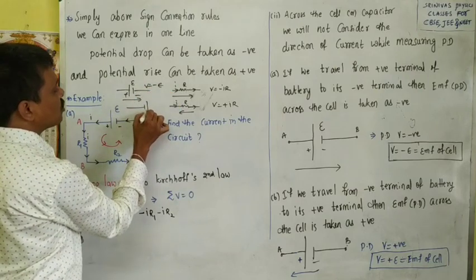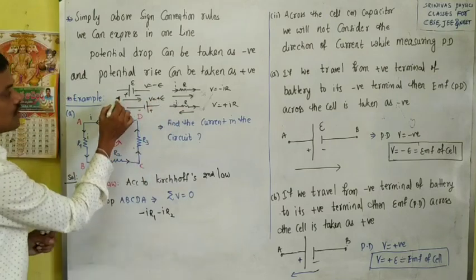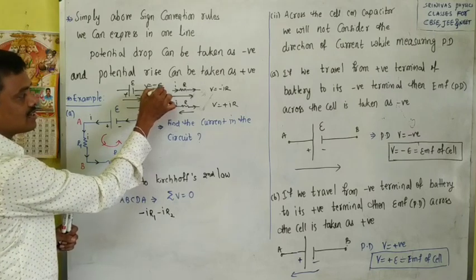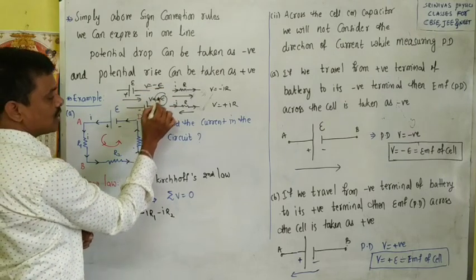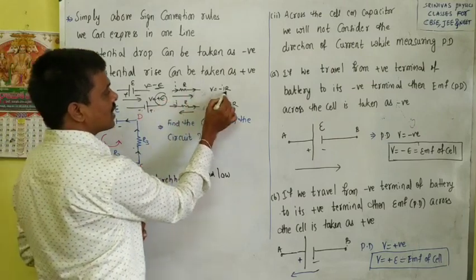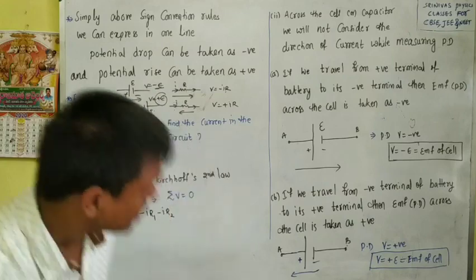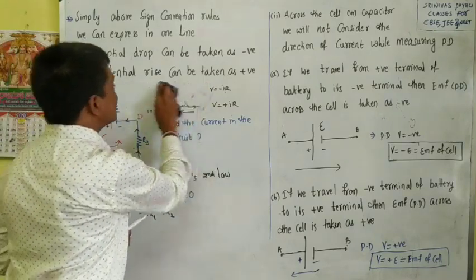When you go from negative to positive, it is positive. For a resistor, in the direction of the current it is negative, opposite to the current it is positive. These are the simple rules, and now we have to apply these sign convention rules here.